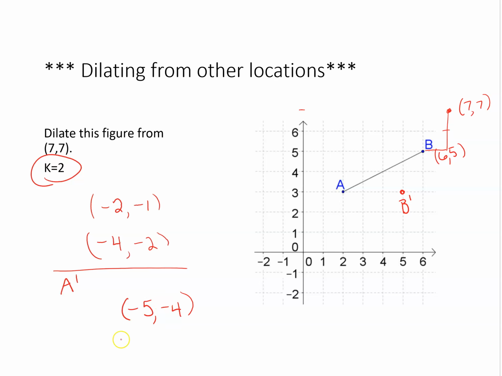So I need to go twice that far: -10 and -8. This is how far I'm traveling. So from 7 down -10, that's going to put me at -3. That's also off the graph. And then from 7 to -8 is going to put me at -1. So I'm going to be something like this. So that's going to be A prime.